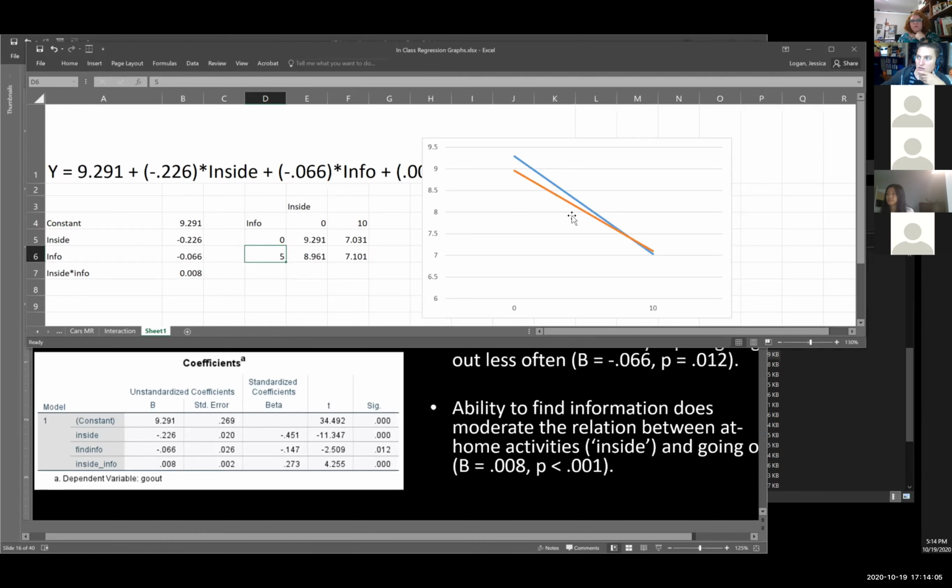If I go out to 100, okay, let me rephrase. Here, when it's 0, who has a higher going out score? Is it the blue line or the orange line? Who has a higher going out score at 0?